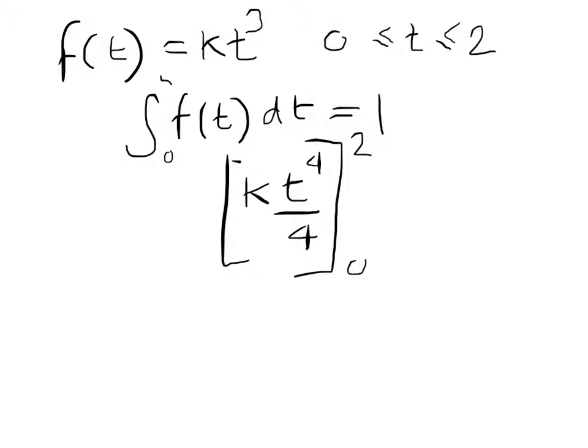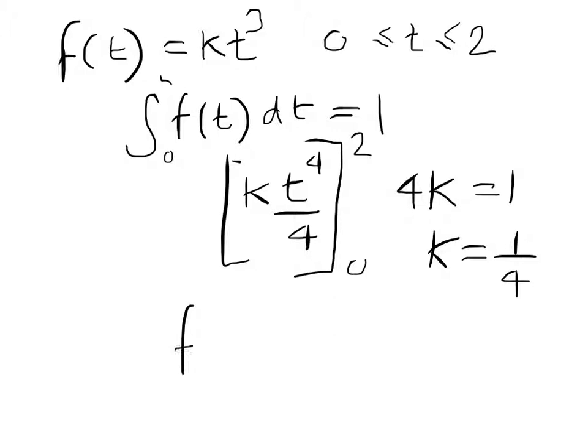Now 0 will give us nothing at all, so what we're going to get here is k times t to the 4 over 4, so substitute the 2 in for the t, so 2 to the power 4 is 16 over 4, so that's going to give me 4k, and of course that must be set equal to 1, so therefore k equals 1/4. That gives me then my function of t equals t cubed over 4, for values of t between 0 and 2.